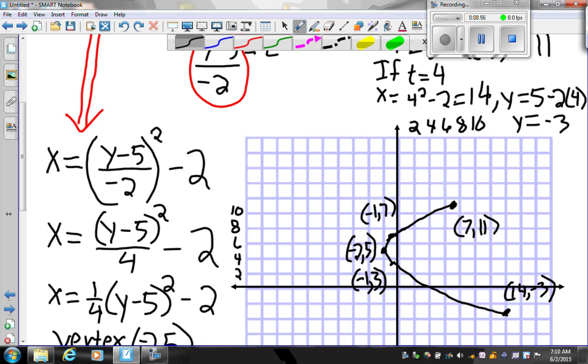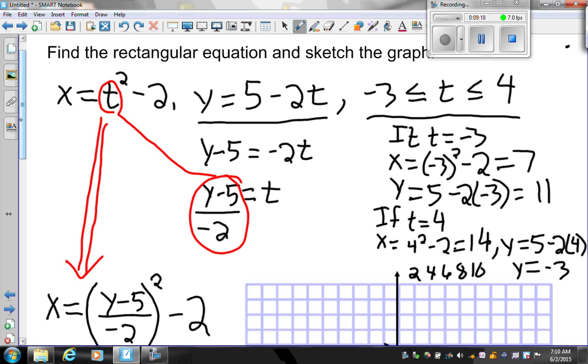And so the graph is going to flow in the direction of the point 7, 11 towards the point 14, negative 3. So that gives us the orientation of the graph. Now we have a visual representation of the parametric equations x equals t squared minus 2, y equals 5 minus 2t, where t ranges from negative 3 to 4.